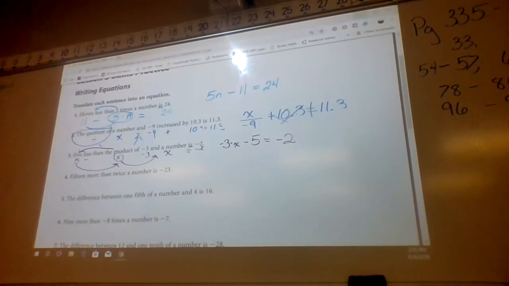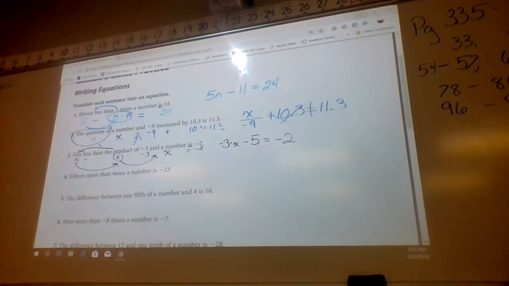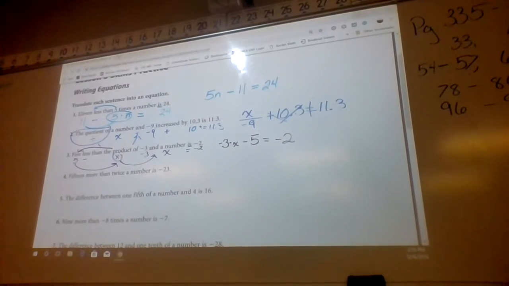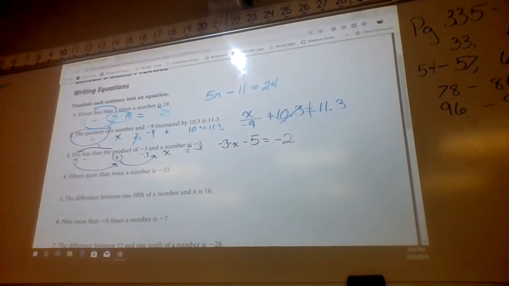What number is right beside the variable? Negative 3. So divide by a negative 3. Since that was a negative, divide by a negative. You gotta divide by a negative 3 on both sides.